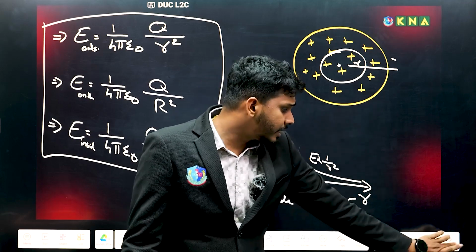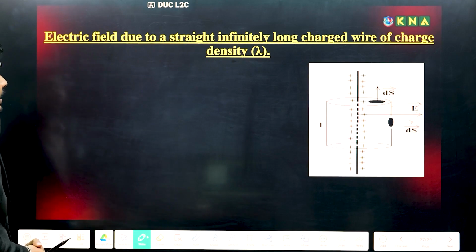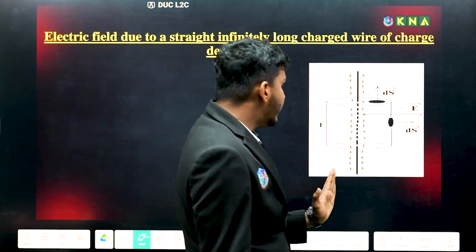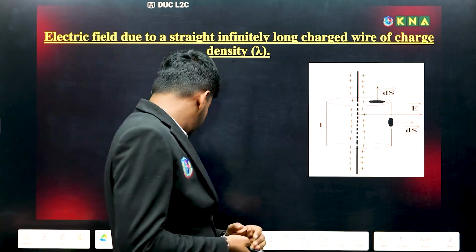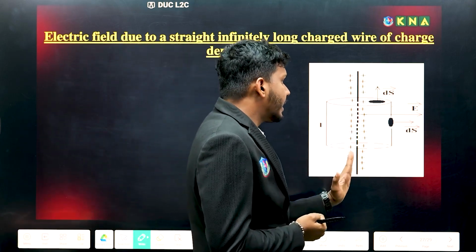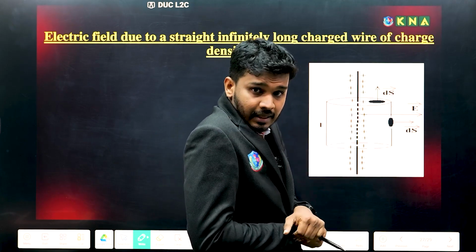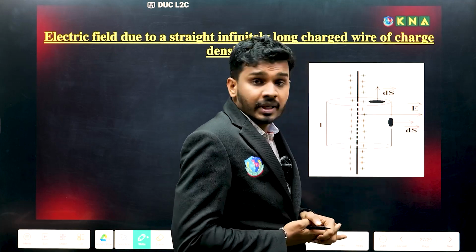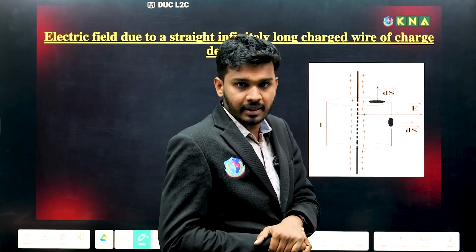Next, we want to study the next application of Gauss's theorem, that is the electric field due to an infinitely long conductor. Consider this infinitely long conductor with some charge; I consider a positive charge. I want to find the electric field due to this charge.